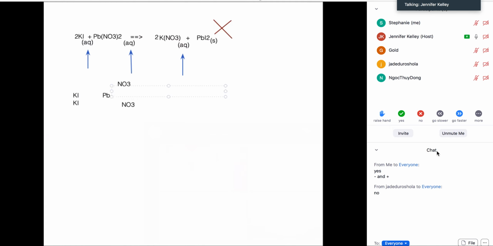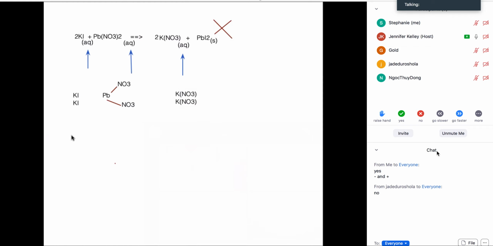And then on the other side, when it says 2KNO3, that means there's KNO3 and another KNO3. And then the PbI2 just stays PbI2, so I don't have to worry about that too much. So this is going to tell me what to do as far as coefficients in the ionic equation.